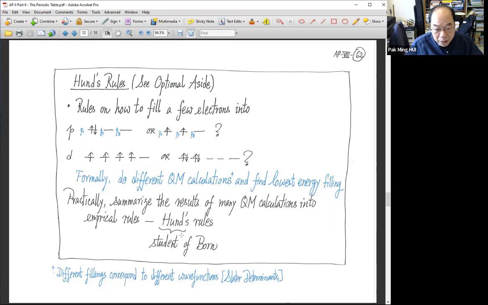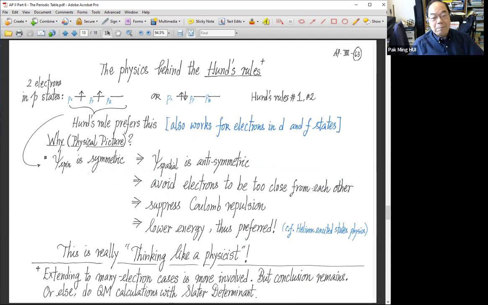but again, I would like you to get a sense. You need to do different quantum mechanical calculations at the end, to find out which filling has a lower energy. But the common sense is that we rely on what we learn, although limited knowledge, but rely on what we learn in the helium case.